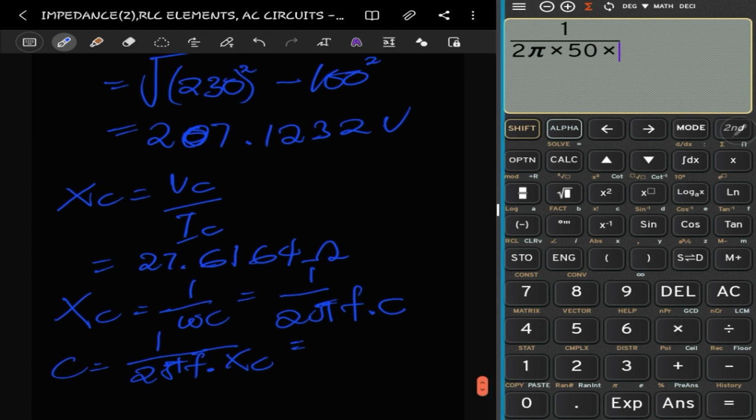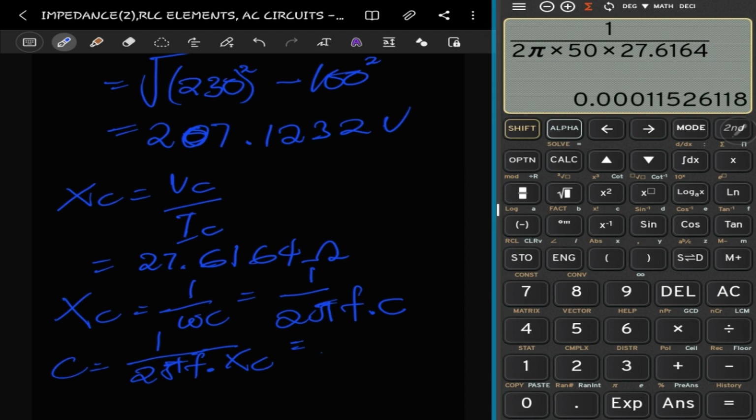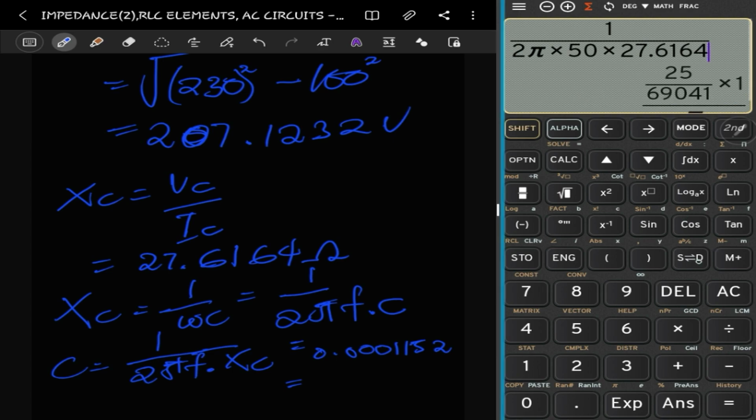Then times XC, we have 27.6164. Okay, so this gives us this value, 0.0001152.